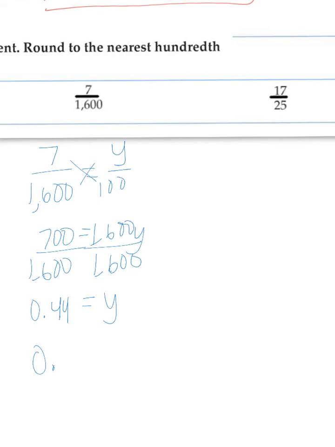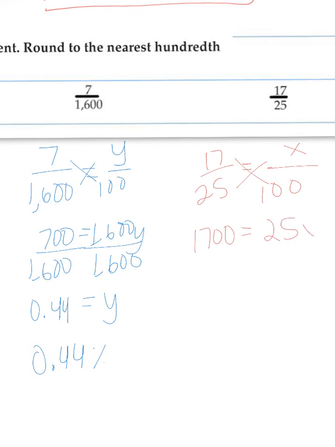So our answer is 0.44%. Seventeen 25ths. Set up my proportion again. Cross multiply. Divide both sides by 25 to get x by itself. And we get 68, so we have an answer of 68%.